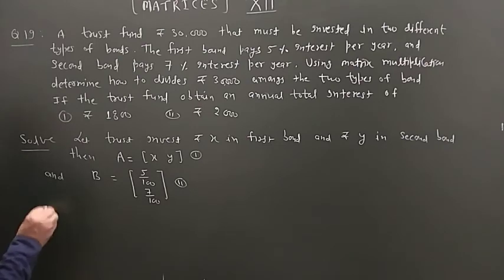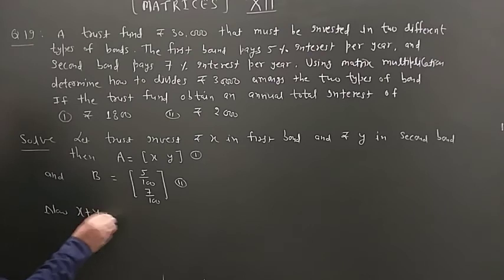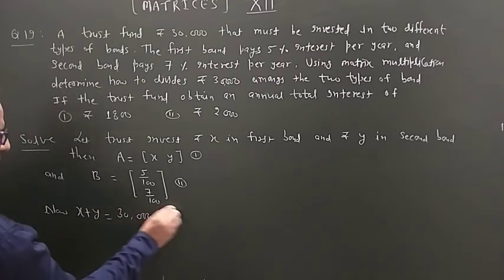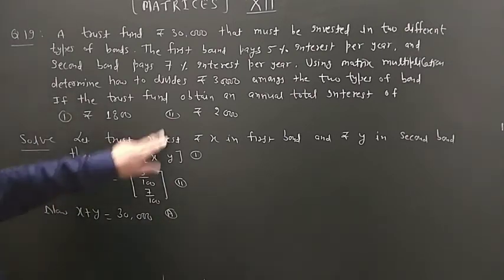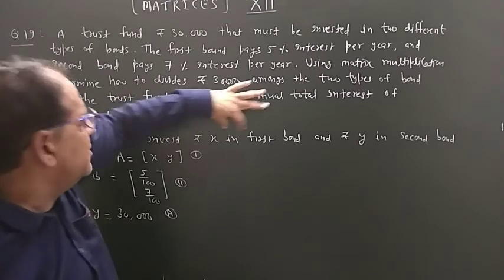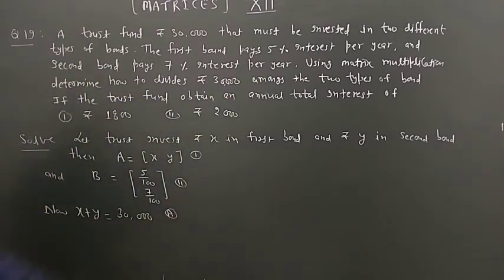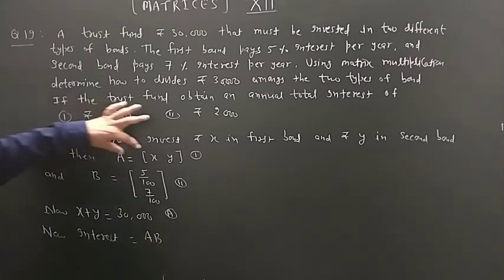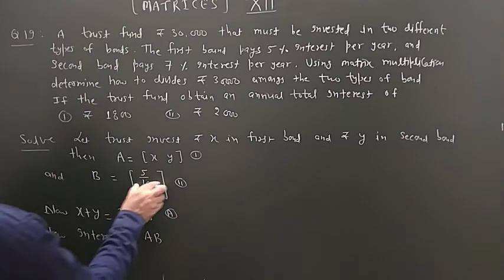Now X plus Y equal to 30,000, because we divide 30,000 rupees in two categories, X and Y, so X plus Y equal to 30,000. Now interest is equal to principal into rate of interest.